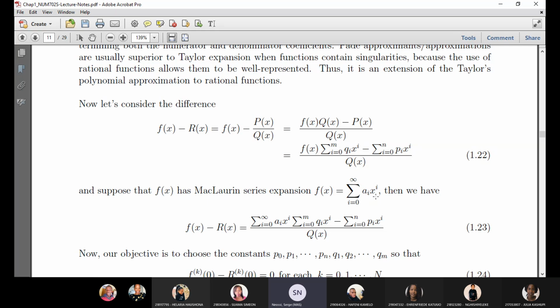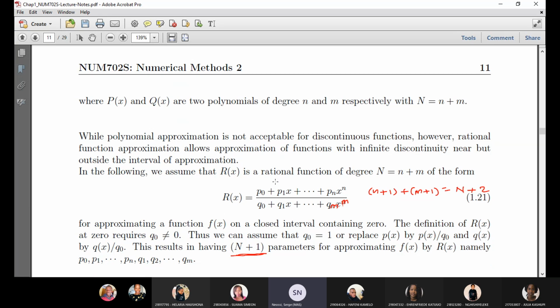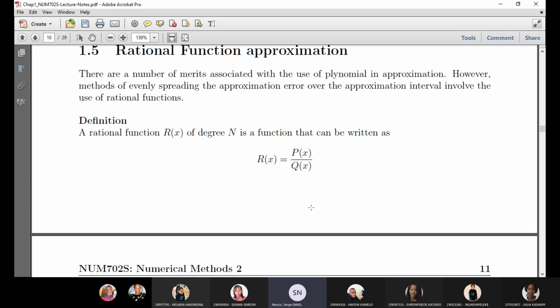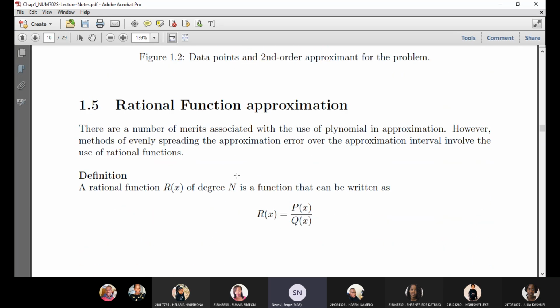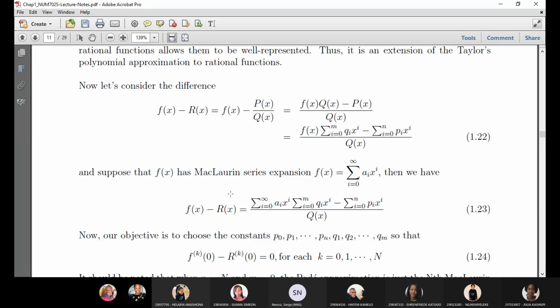But the good thing here is that we will not use the entire series expansion. Why? Because our rational function here has a finite degree. And by fixing the degree, this will allow us to truncate this expansion.